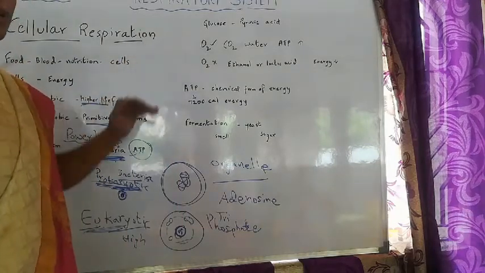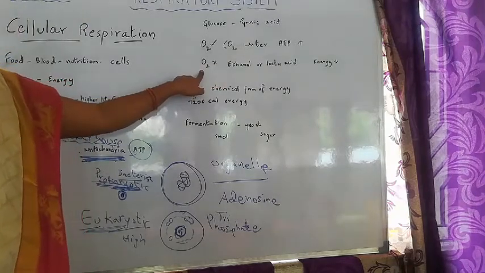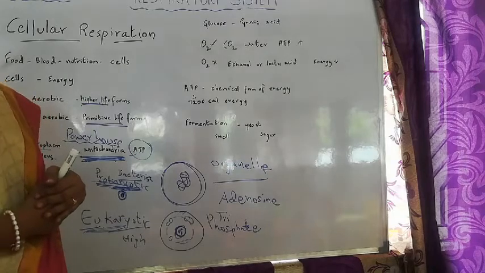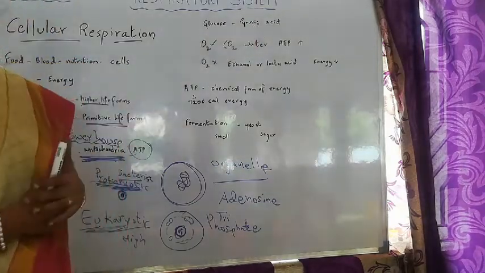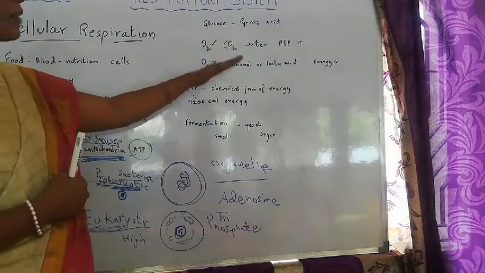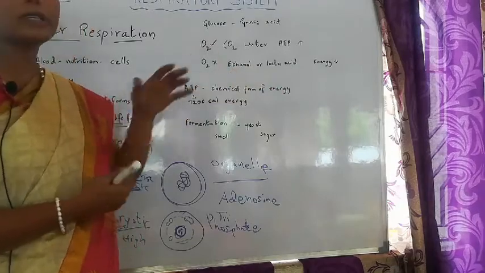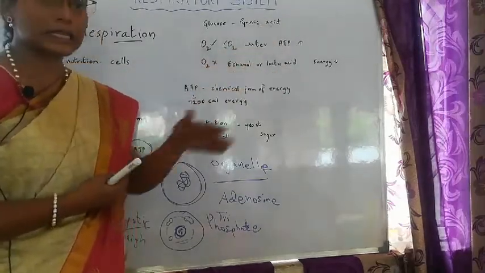Now, let us see anaerobic respiration, the absence of oxygen. Here there is no oxygen. Now, what happens to the pyruvic acid? It does not react with any oxygen. It just gets converted to either lactic acid or ethanol. If it is a bacteria, pyruvic acid gets converted to lactic acid.